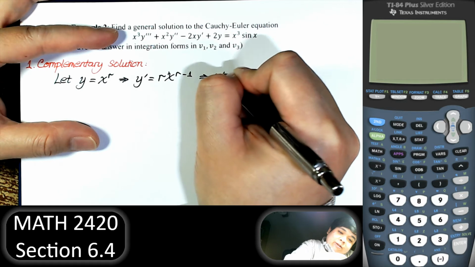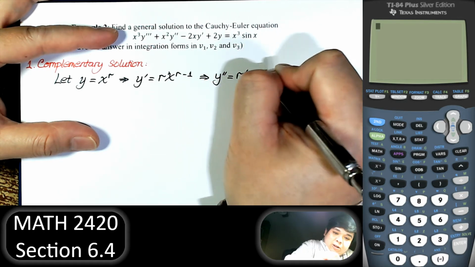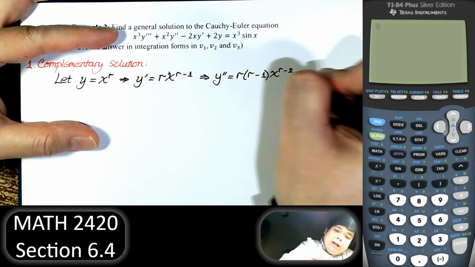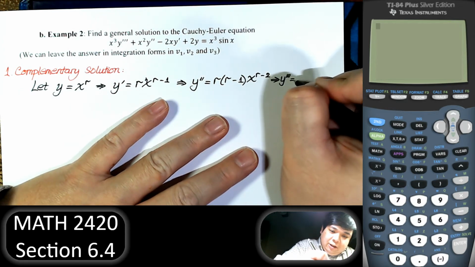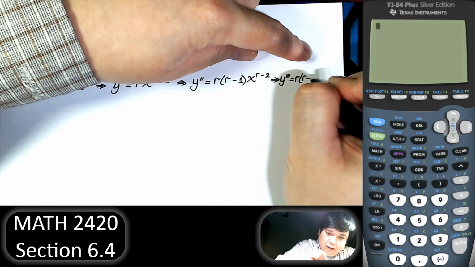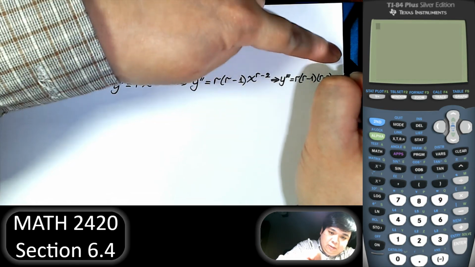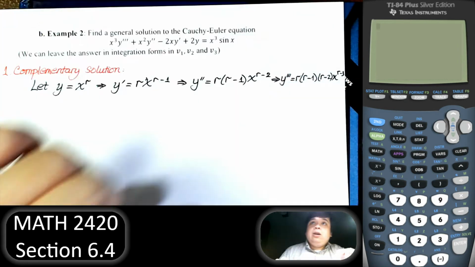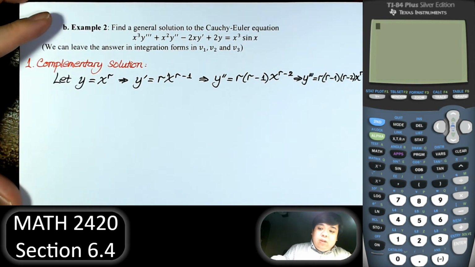Second derivative. And then third derivative. Right, and then substitute back into the homogeneous equation.